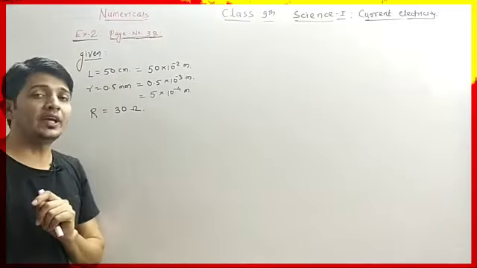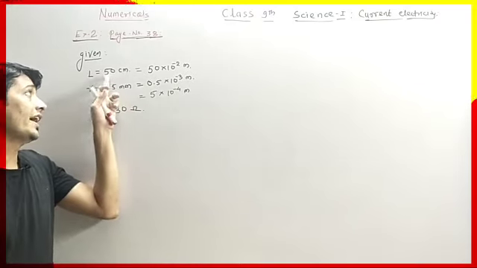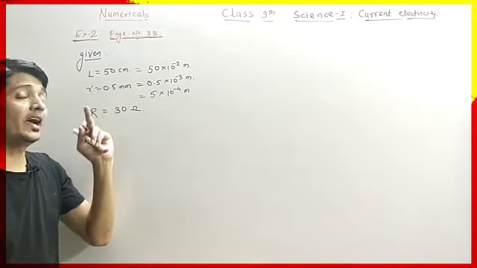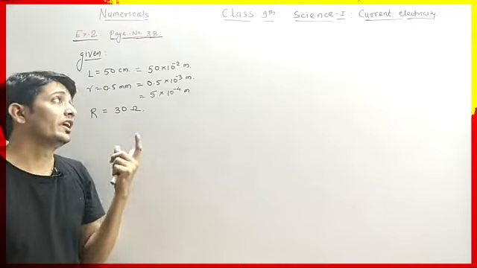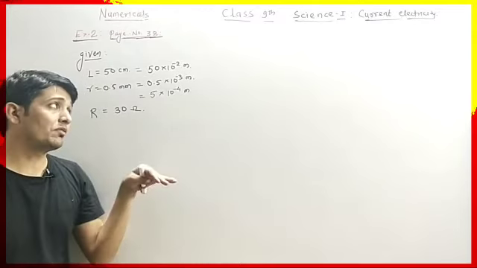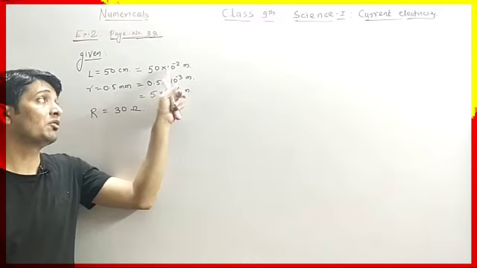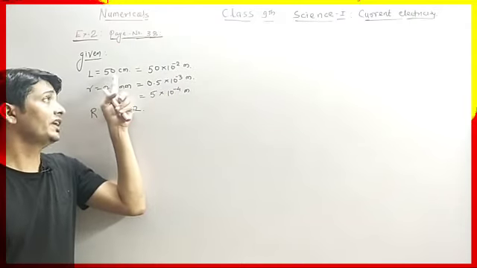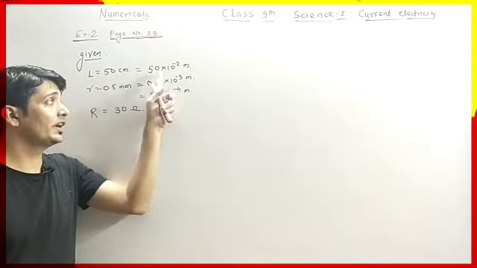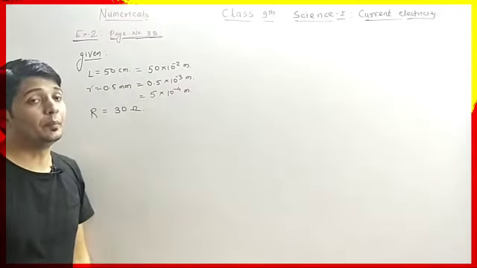It is 10 into 10, so we can write it as 50 divided by 10 to the power 2. But we do not want 10 to the power 2 in division form. When we transfer it to multiplication form, it will become 10 to the power minus 2. So 50 centimeter equals 50 into 10 to the power minus 2 meter.